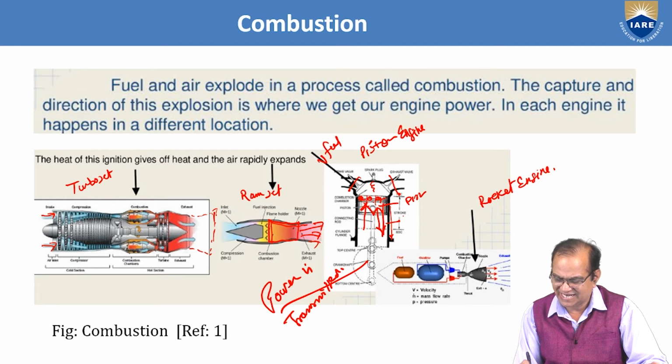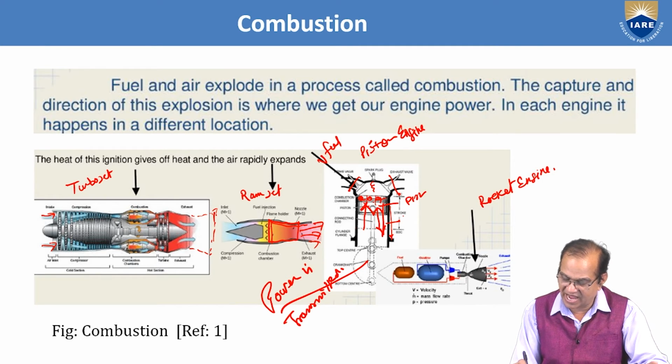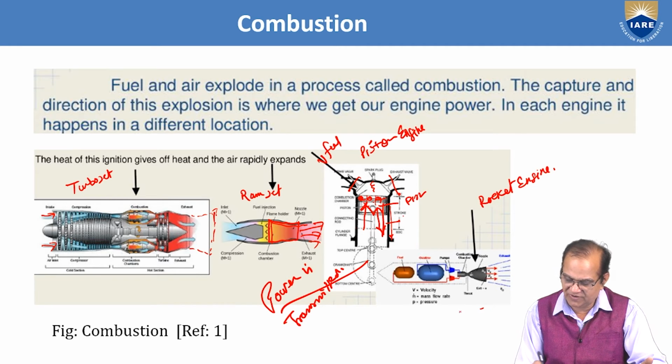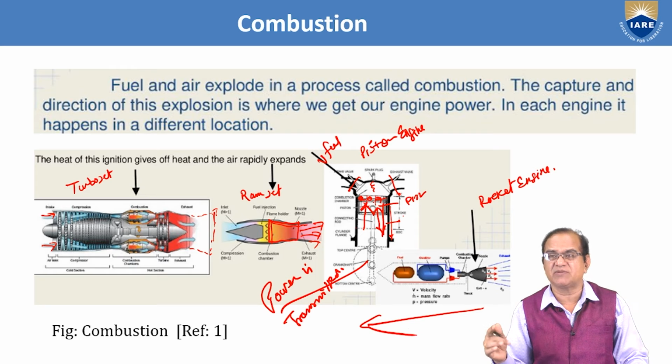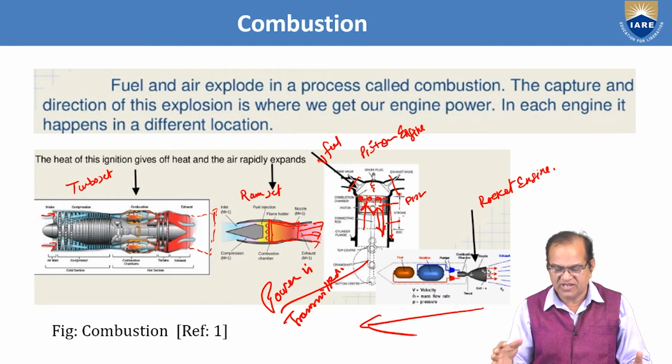Both are sent to the rocket engine. Here it is ignited and the high pressure, high temperature gas goes out through the nozzle and the body will move further. So the combustion is taking place in a different way for the different types of aircraft or engine, and it is shown in this slide.